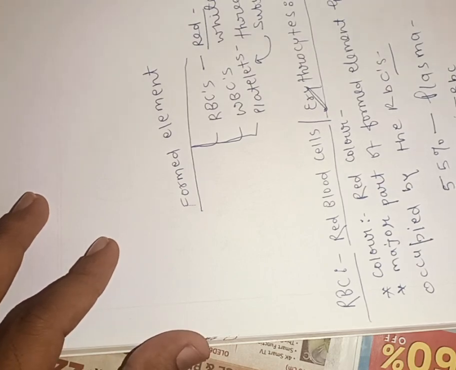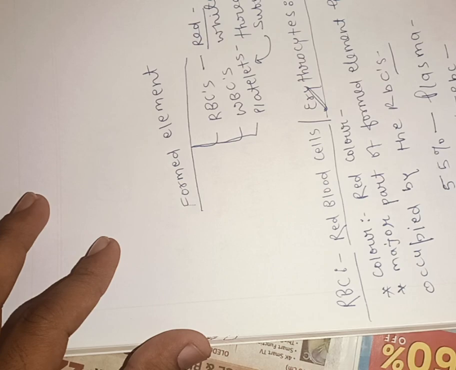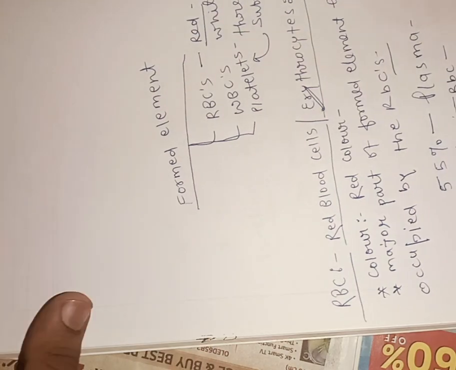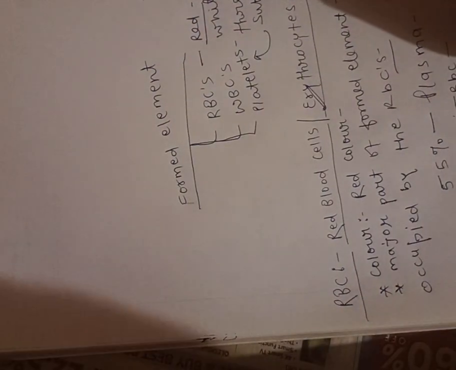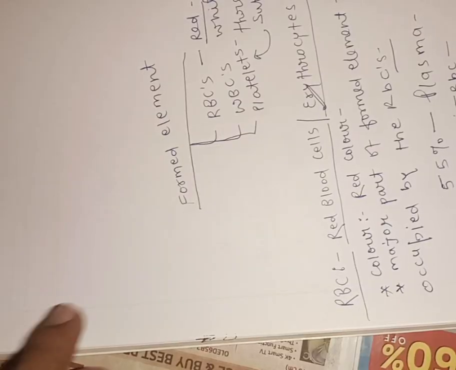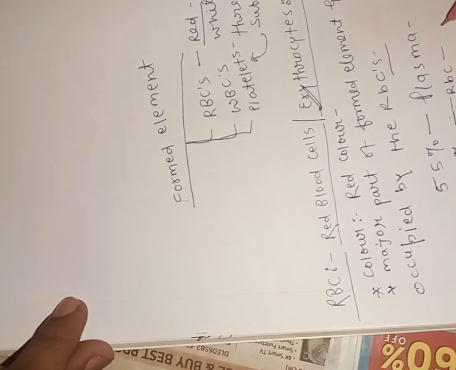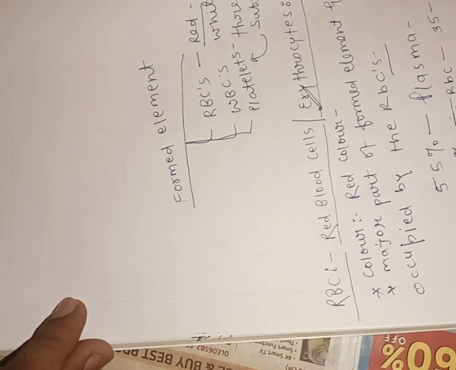Among all of them, RBC contain about 35 to 40% part, and the next 5% part is WBC and platelets.